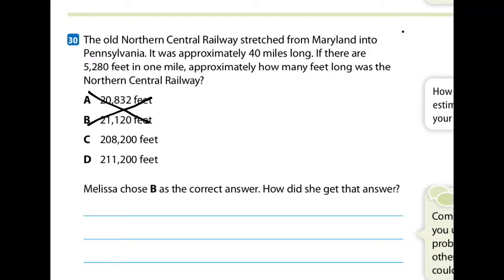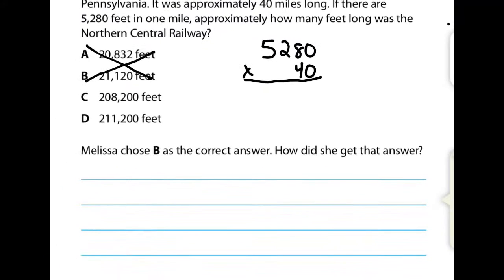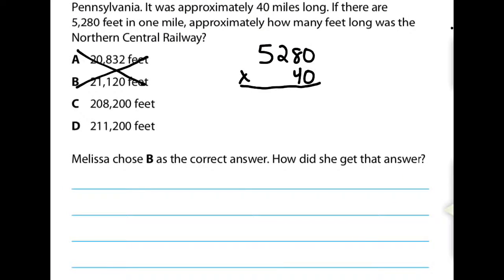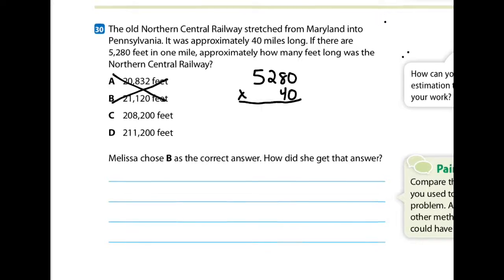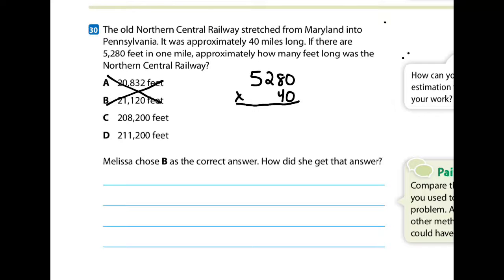So now, what I'm going to do is 5,280 times 40. So I'm going to do this traditional instead of lattice, because it's only a 2-digit problem, and I don't think they're that hard to do. All right, so first, I'm just going to do 528 times 4, and then I'm going to add those two zeros. So check this out.